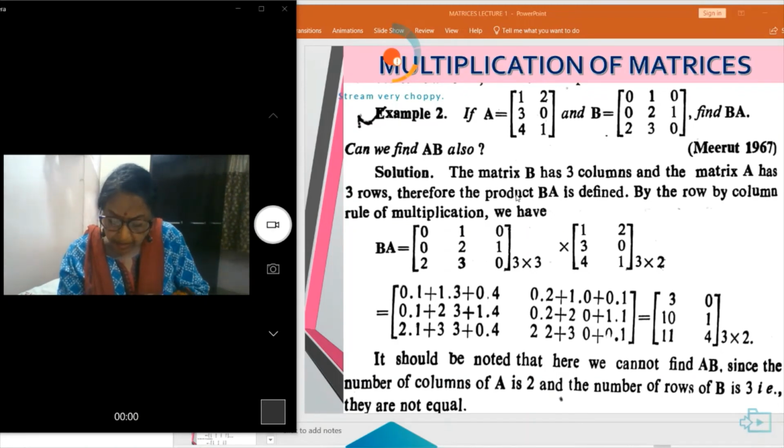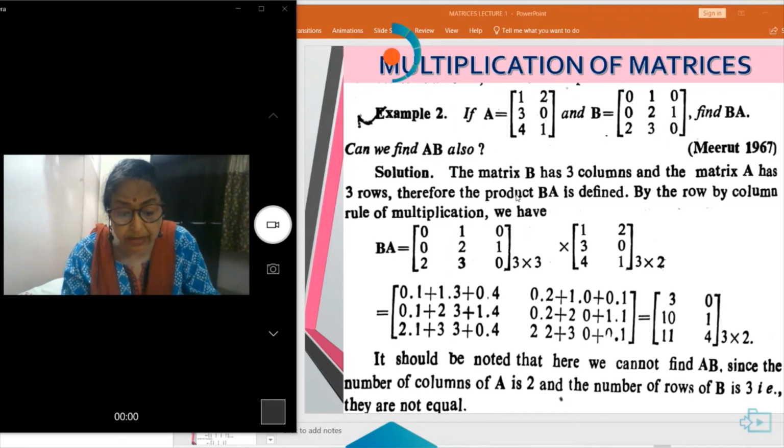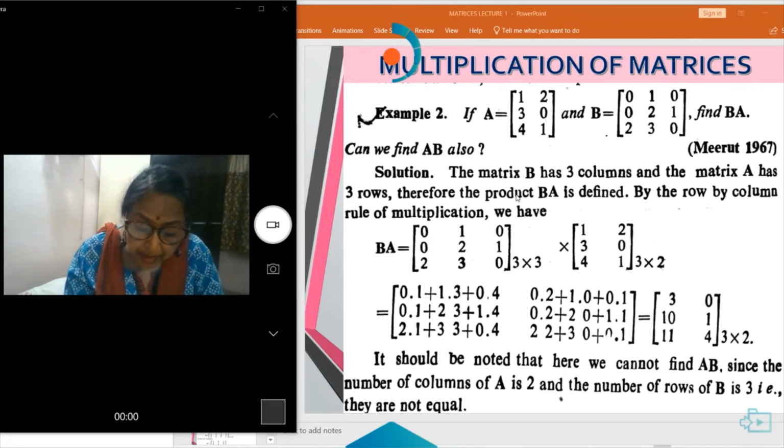So here we have to write B first and then A. AB is not possible here because the columns of the first should be equal to the rows of the second matrix. So how it is calculated, you can see and try it at home.